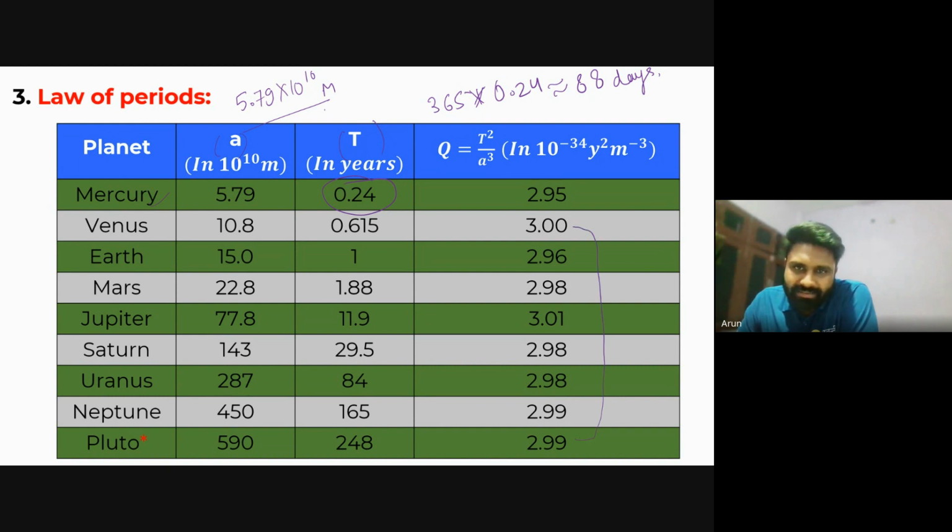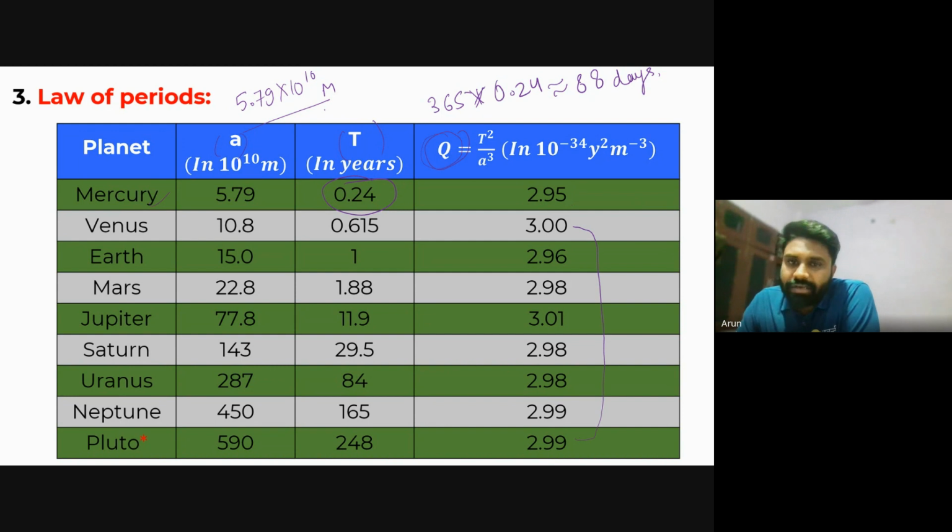From here you can see that this ratio Q, which is T square by A cube, is nearly constant. There is not so much variation, and that is satisfying Kepler's law of time period. 2.95, 3.00, 2.96, 2.98.